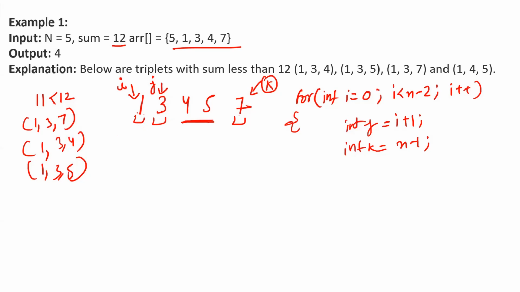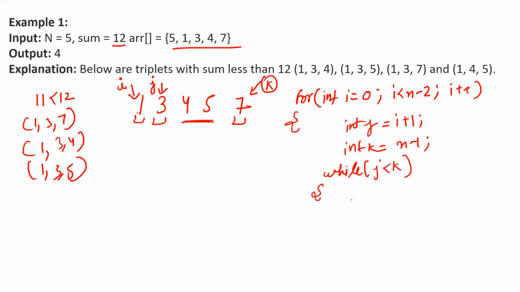So 1, 3, 4, you can see the sum is 8. 1, 3, 5, the sum is 9. So what we can do is simply put a while loop here, and this while loop is going to work till the time the j value is lesser than that of k.